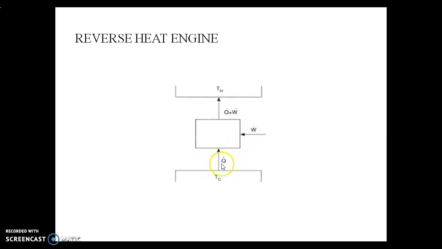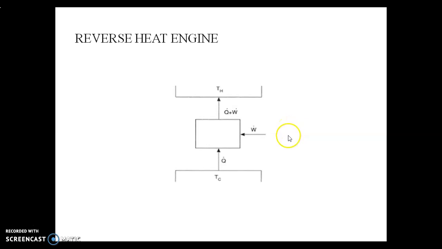Q dot is the amount of heat removed from the low temperature reservoir or refrigerated space. This TC, the temperature of the low temperature reservoir, is lower than the surrounding temperature TA.